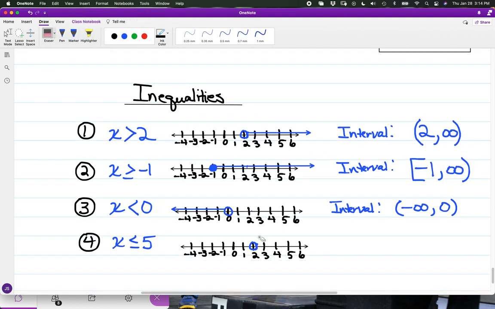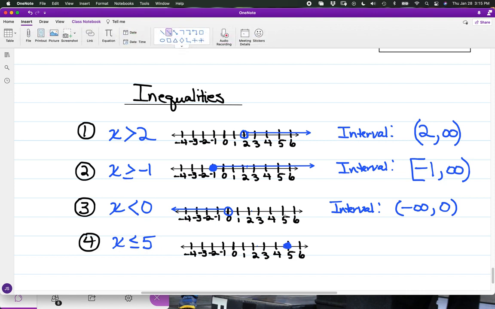Okay, so for x is less than or equal to 5, the equal sign indicates that 5 is going to be included. 5 is going to be a closed point, and then for the less than portion, again, we're going to have a ray that goes continuously out to the left.